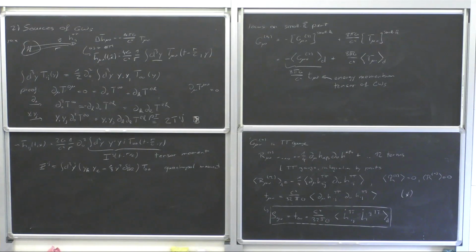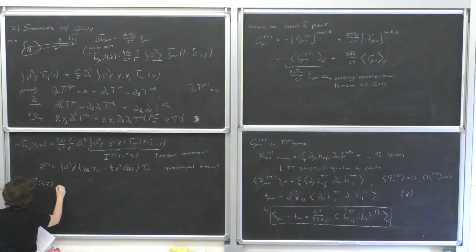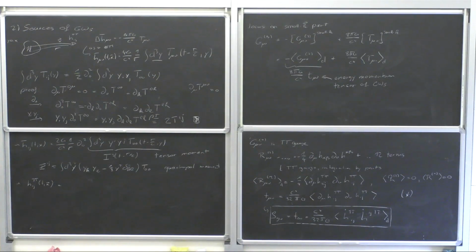And now, finally putting everything together, we want to actually go to TT gauge. Right, so we want now to really get something physical. So the gravitational wave in TT gauge. And all we need to do that is basically act with the projector that puts us on the transverse traceless plane, both on the left-hand side and on the right-hand side.